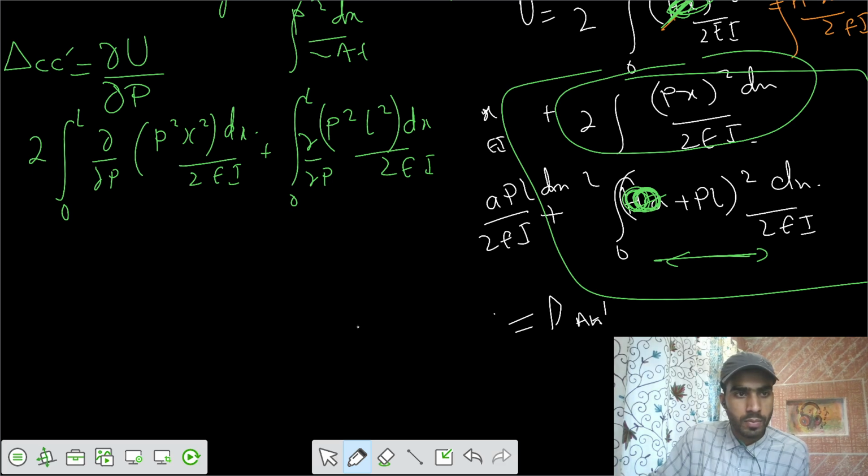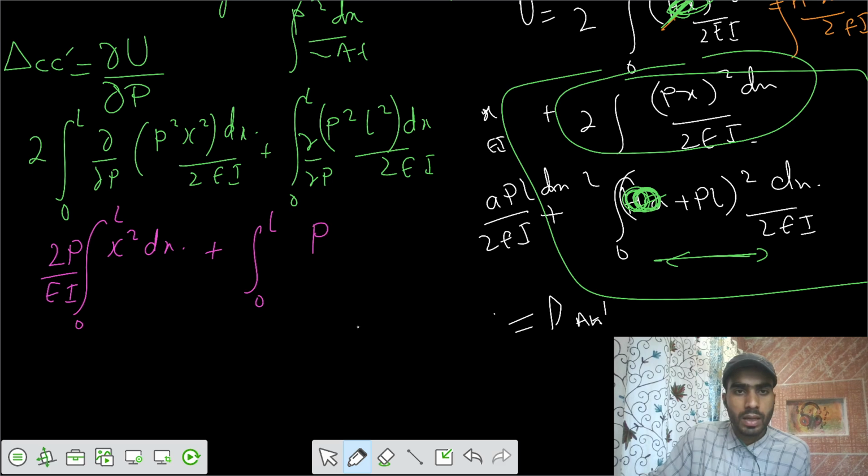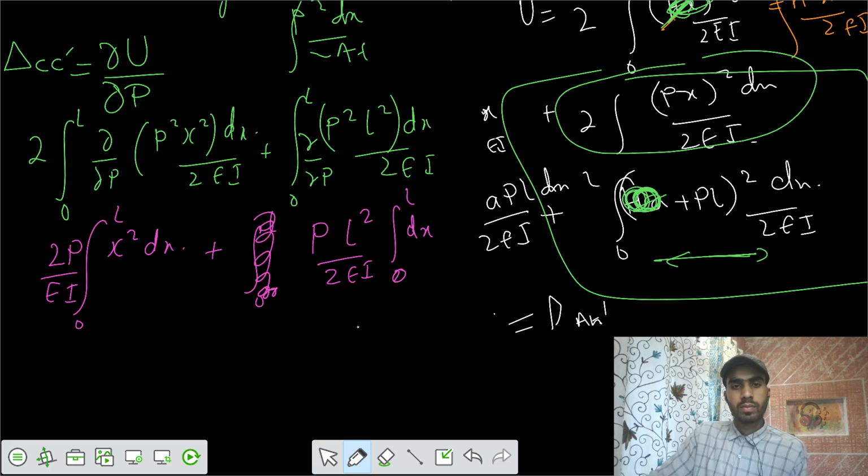We write 2P, then x³ by 3, so we can write x² dx in this fashion, from 0 to L. That's L², then the remaining 0 to L dx by 2EI. You can write it in this fashion also, PL² by 2EI.